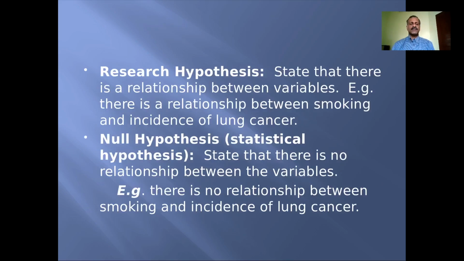Now, the next types of hypothesis are the research hypothesis and the null hypothesis. And these are the two very important hypotheses in research. We have to formulate a research hypothesis and a null hypothesis, otherwise called a statistical hypothesis.